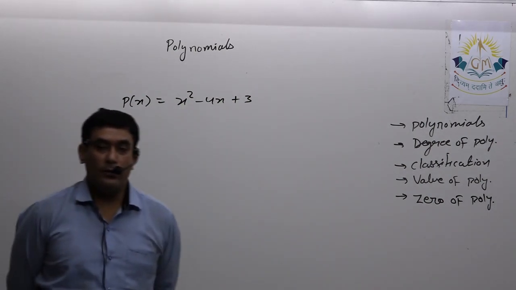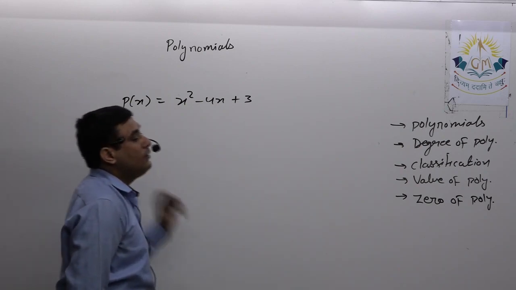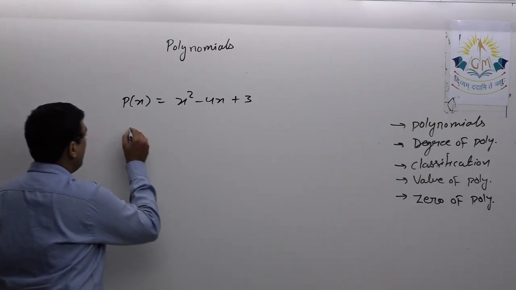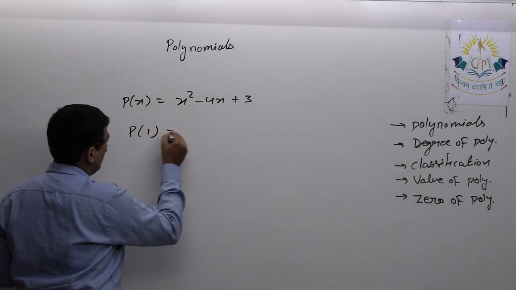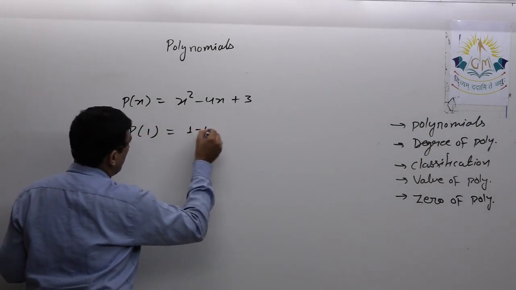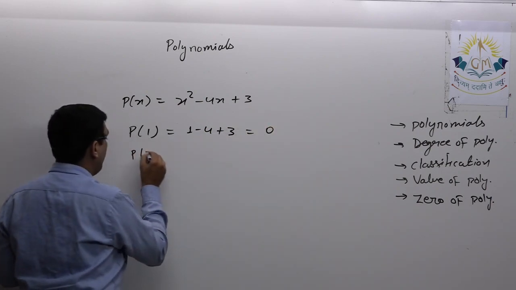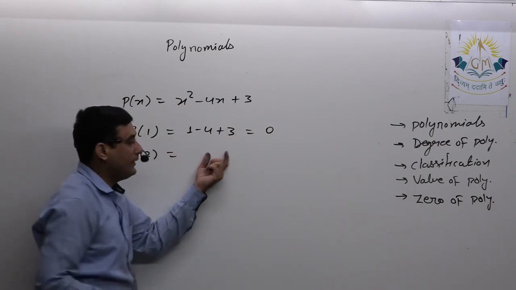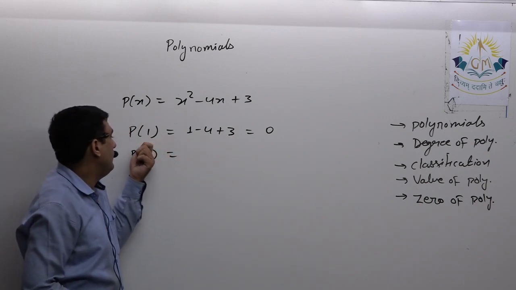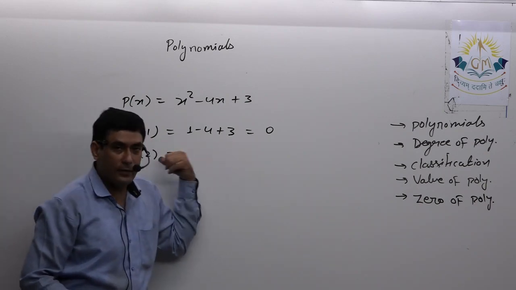One way is to put in p(1): 1 minus 4 plus 3, so here it becomes 0. Then I find p(2), and in that way I will get the values. Here it was a matter of luck that I got the zero in the first attempt.